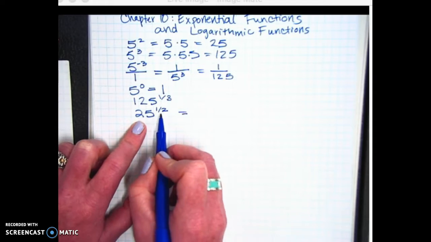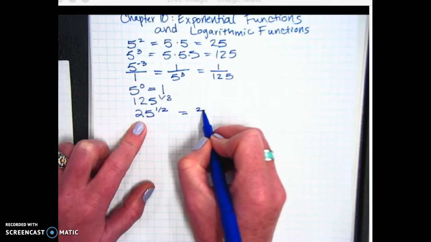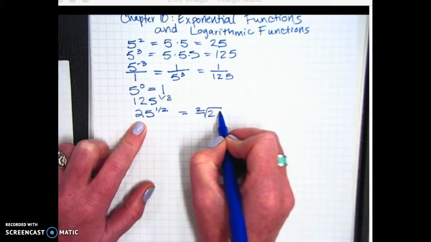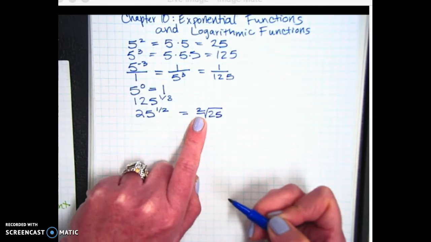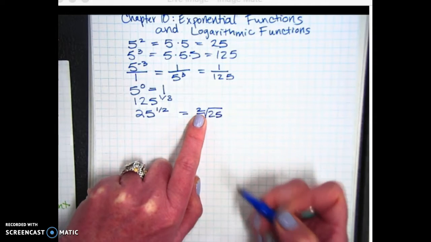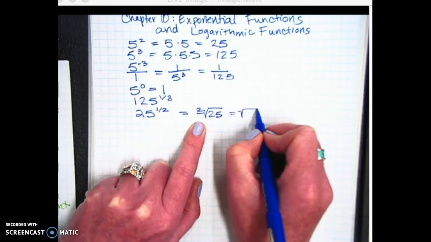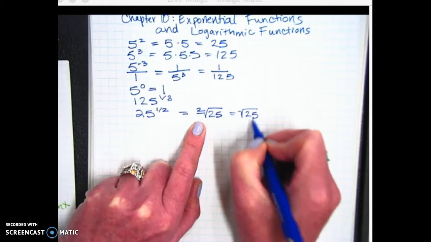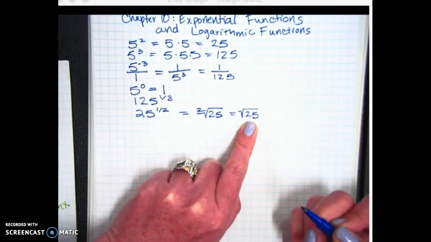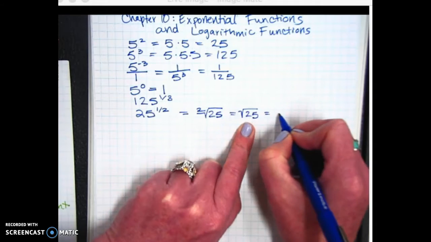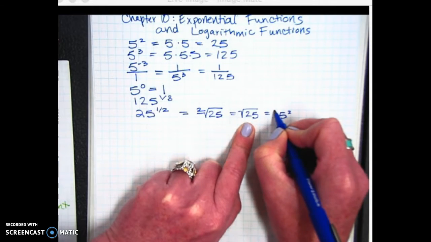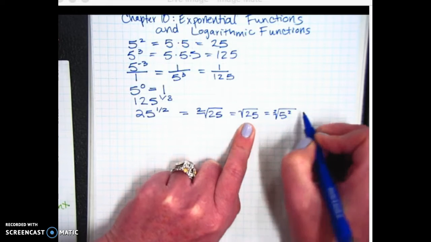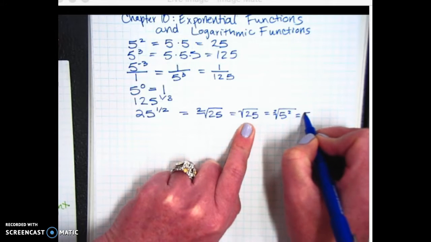So for 25 to the 1/2 power, this is going to be the second root of 25, or the square root, right? We don't generally write that 2. We just write the square root of 25. And because 25 is 5 to the second, and we're taking the second root, our answer is just 5.